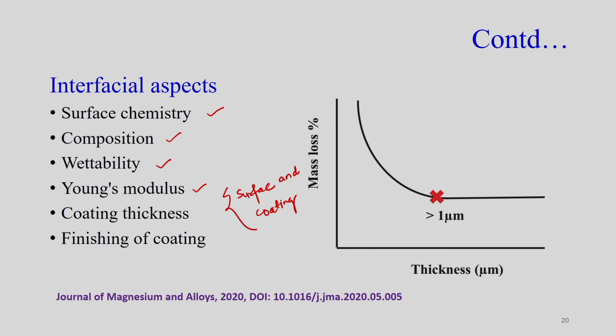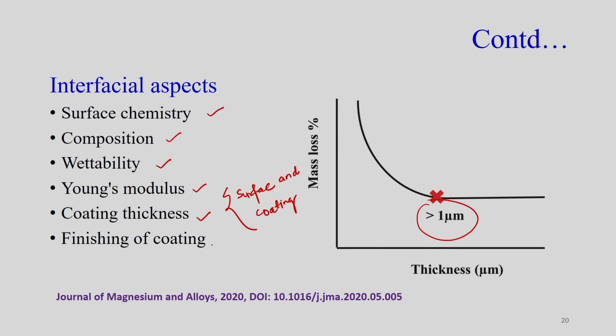So, when we are going for the coating, the coating material and surface should have similar mechanical properties. Also the coating thickness matters, because with time it is going to degrade. So, here if you just see, with increase in the thickness, there is a decrease in the weight loss or the mass loss. So, particularly for magnesium alloy, it is reported that coating thickness should be greater than 1 micrometer to achieve the desired degradation behavior.